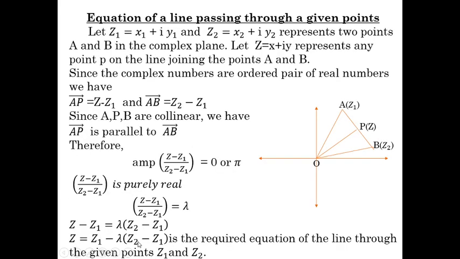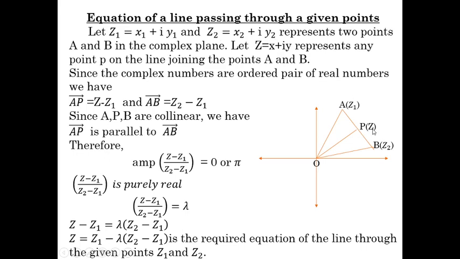Now we go to the equation of a line passing through two given points. Let us consider two points A and B in the complex plane. Therefore z1 = x1 + iy1 and z2 = x2 + iy2.